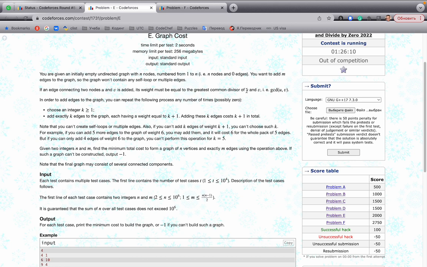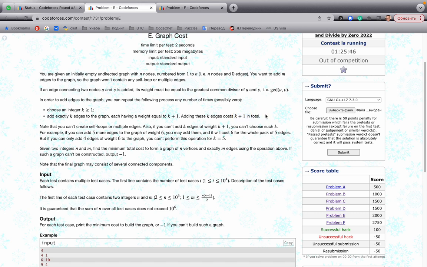So first of all, that means that we can only add edges with weight at least 2, so only between vertices that are not coprime, but that probably doesn't matter. And for adding these k edges, we will pay k plus 1.